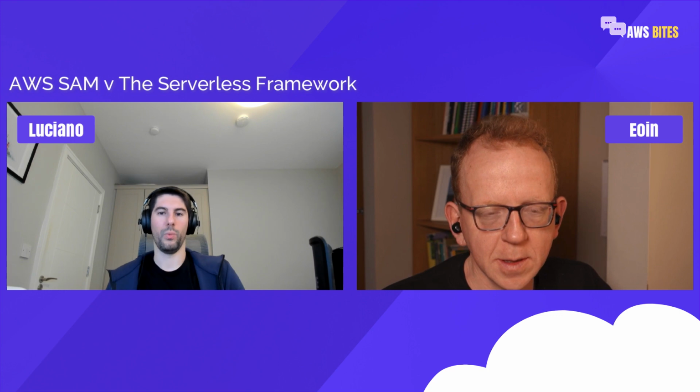So basically, SAM Accelerate is something that is meant to reduce the feedback loop that you have when you are developing a new feature. You do some changes, and in order to see if these changes in your code actually do what you expect them to do, you probably need to do a deployment and test it in the cloud. And this is generally something that takes minutes. So it's kind of interrupting your development loop. It's distracting, and it might be frustrating if you have to do it over and over.